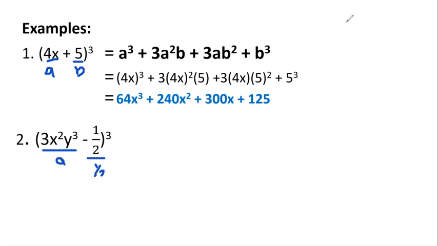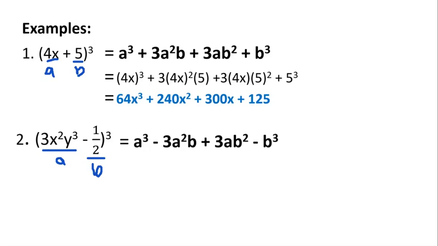Now, since the operation between the A and the value of B is negative or minus, and therefore, we will use the second pattern, which is a cubed minus 3a squared b plus 3ab squared minus b cubed.